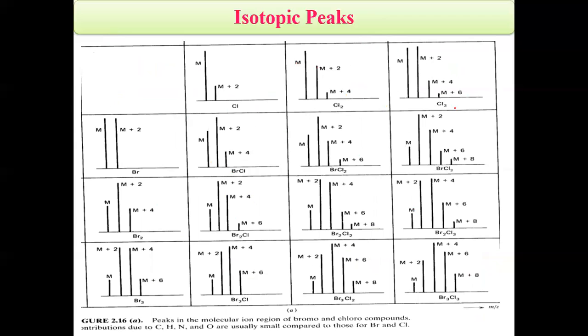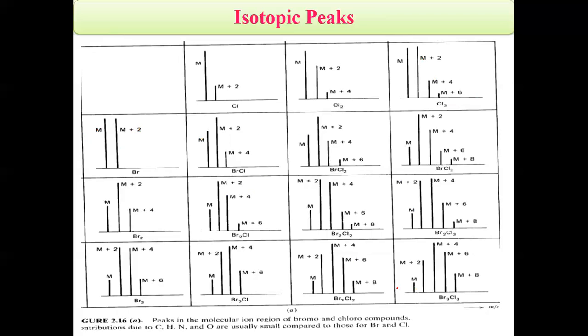If we have three chlorine atoms in the molecule, then the mass spectrum will record M, M+2, M+4, and M+6. If one bromine is there, we have the M molecular ion and M+2. The intensity ratio is very interesting. For one bromine, we have equal intensity peaks of M and M+2.